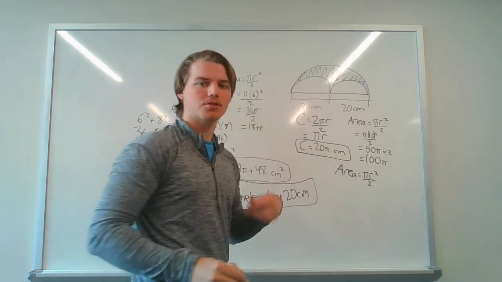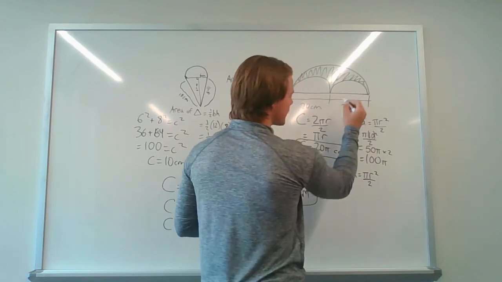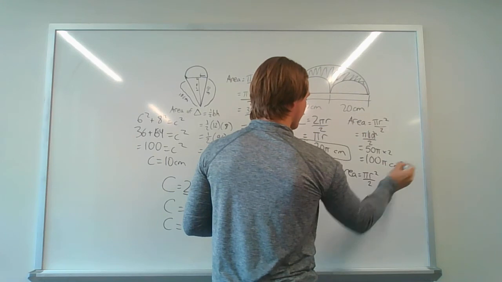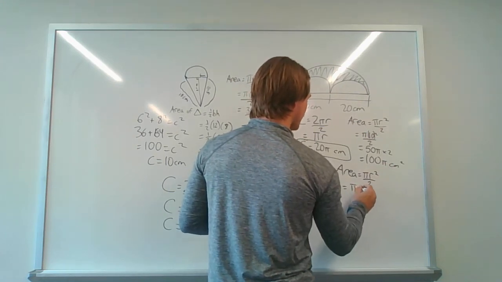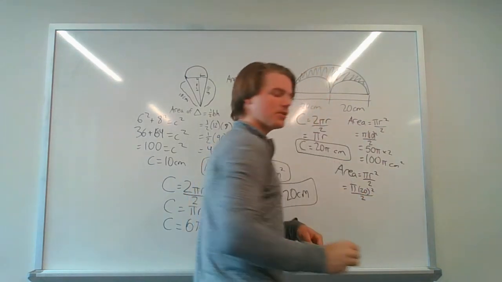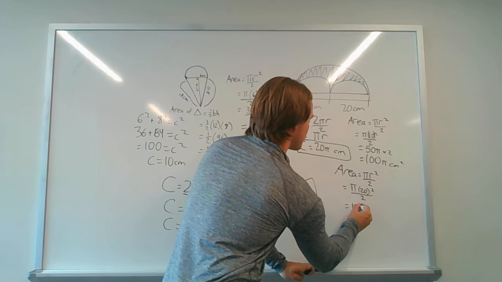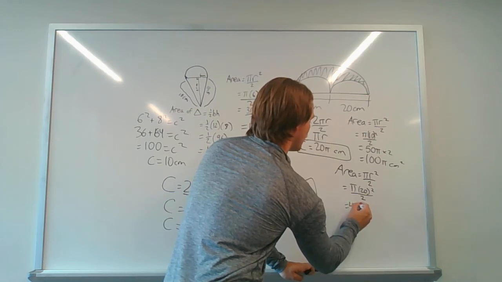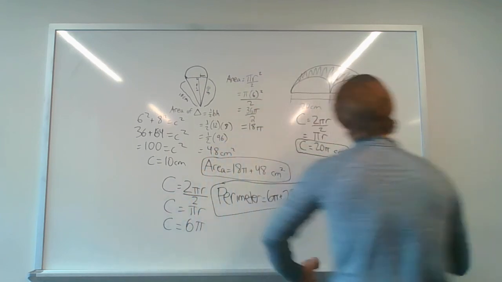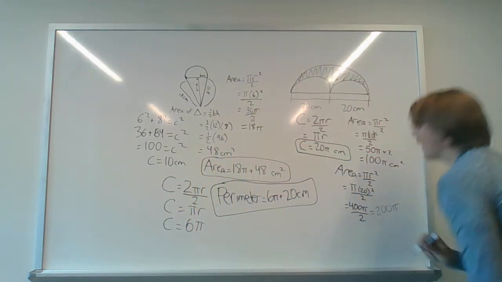We've got a radius of 20 centimeters, so we've got pi times 20 squared divided by 2. 20 squared is 400, so we've got 400 pi divided by 2, which equals 200 pi.